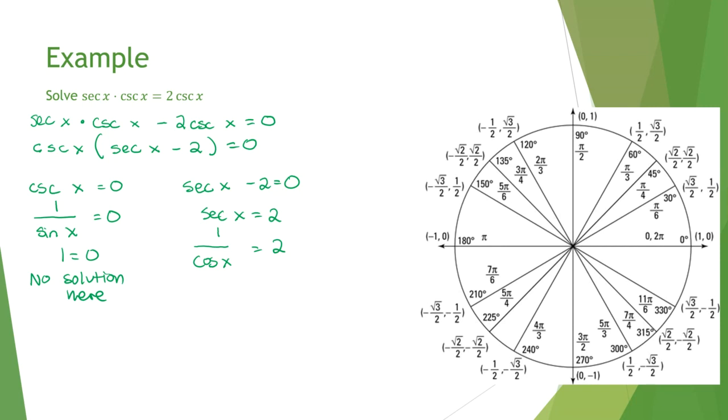But that's the same as taking the reciprocal. So the cosine of x is equal to 1 over 2. So now I'm looking at all the angles where my cosine, which is the x value, is equal to 1/2. So I have one at pi over 3 and at 5 pi over 3.